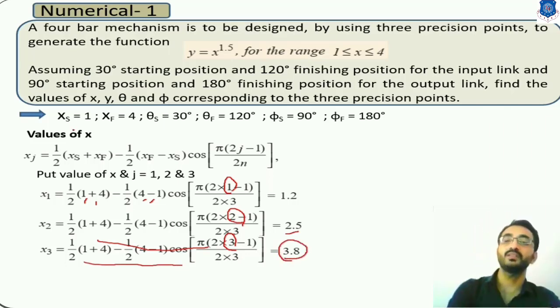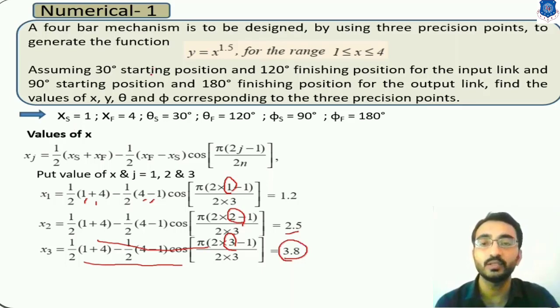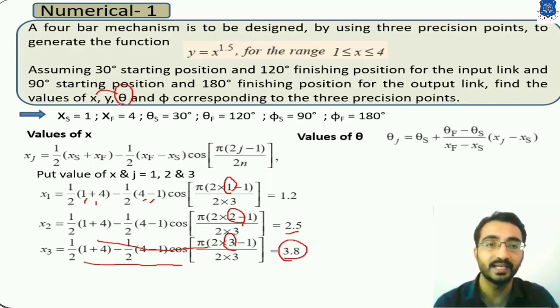Now with the help of x we will calculate the values of theta, because x and theta are correlated with each other. x is the input link displacement and theta is the input link angle. For the calculation of theta we have the basic equation: theta j is equal to theta starting plus (final minus starting) upon delta x, times the change in value of x. Again we put various values of j.